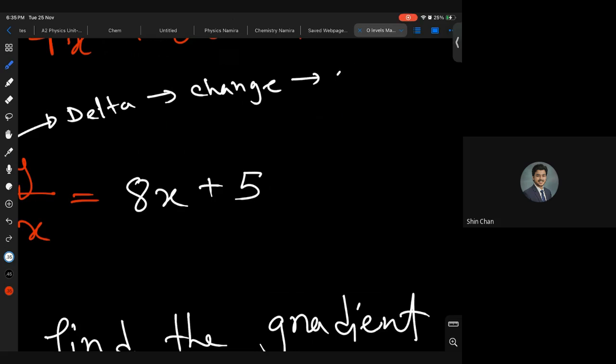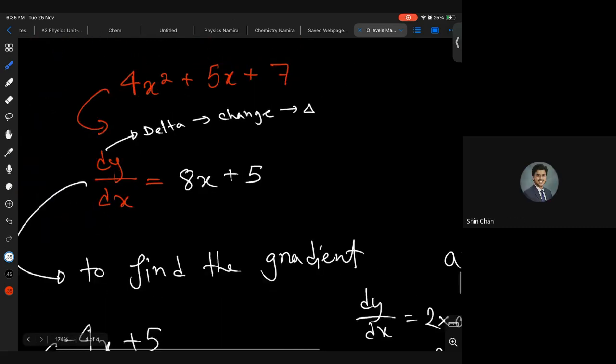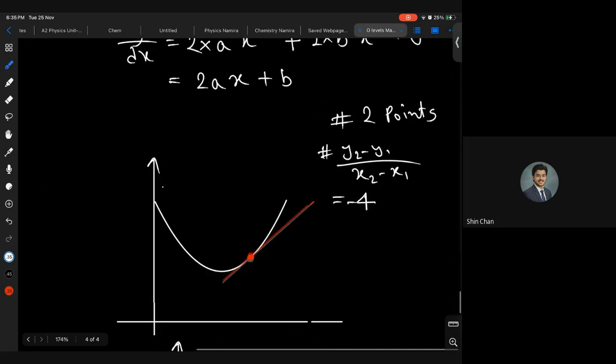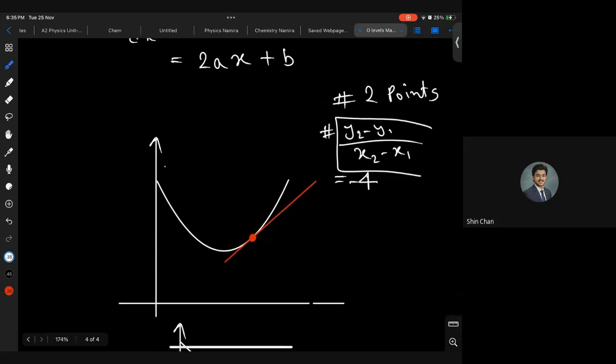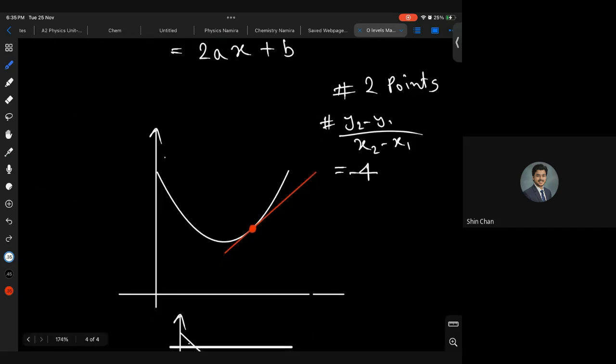Now, when we were using the formula y2 minus y1 over x2 minus x1, what we are actually doing is finding the delta. Let's say we know these two points. This is y2, this is y1, and this is x1 and x2.